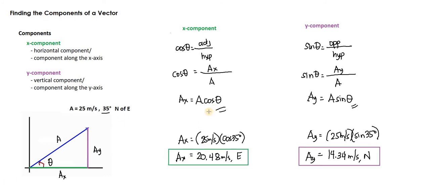Question, lagi ba siyang cosine theta for the x component and sine theta for the y component? Hindi siya palagi, pero pwede namang gawa ng paraan. I mean, like, you can use other angles. Anyway, we have several ways of presenting the direction of the vector.